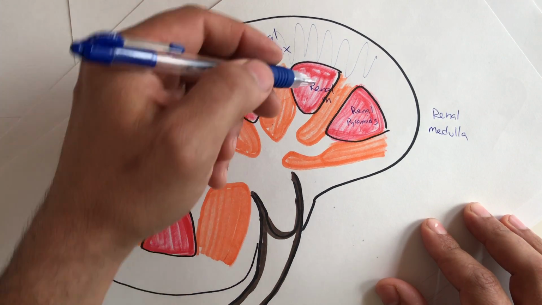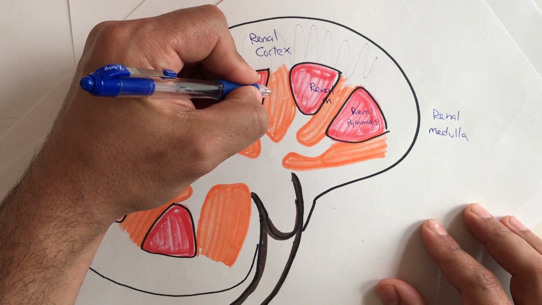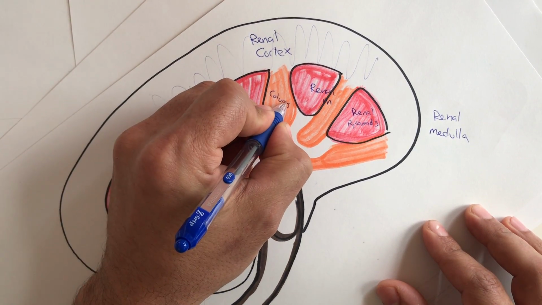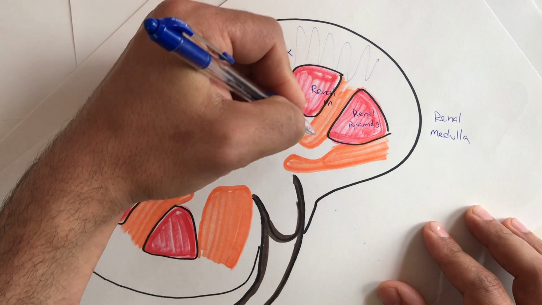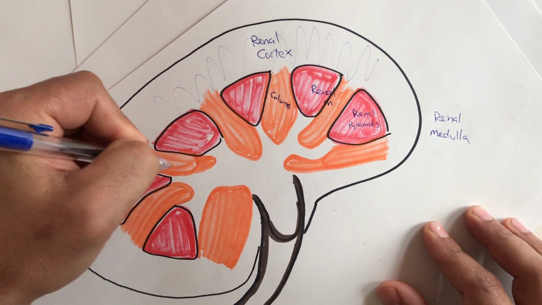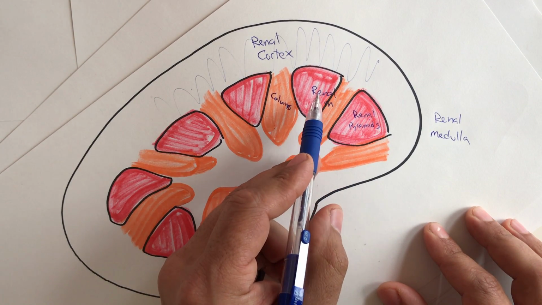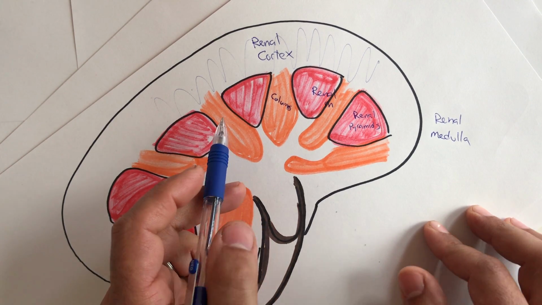The orange that you see, these are called the renal columns. You find those in between the red. So we have a renal pyramid, a renal column, a renal pyramid, a renal column, a renal pyramid, a renal column.